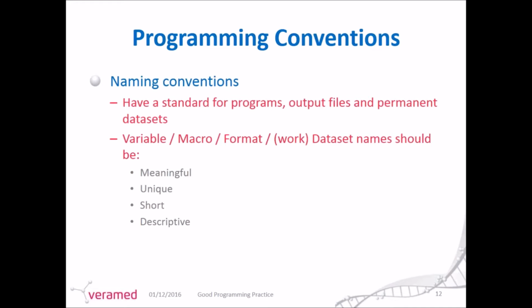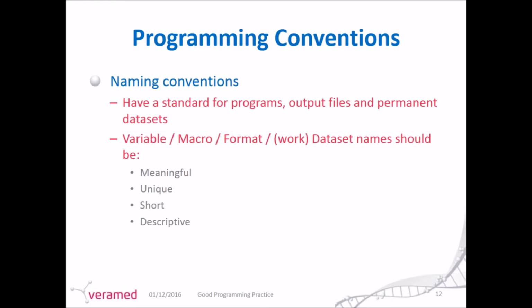So moving on to naming conventions, the conventions are for things like the variable names and macro variable names and macro program names, dataset names, format names, and output program names and output names.